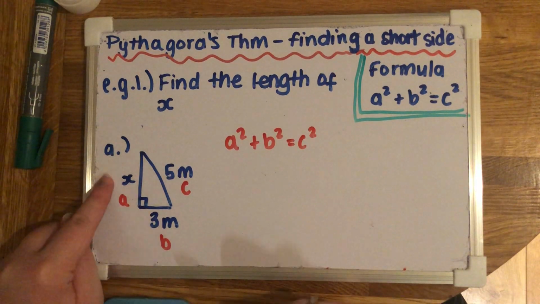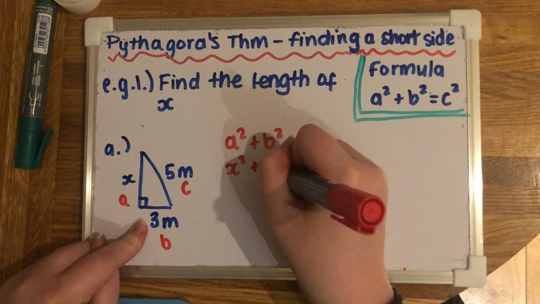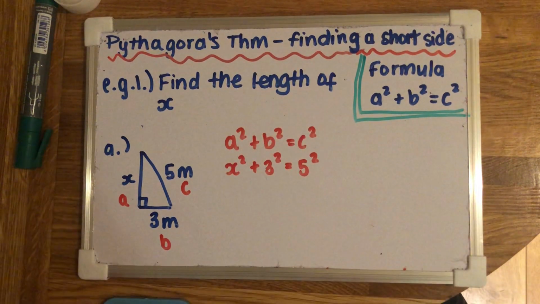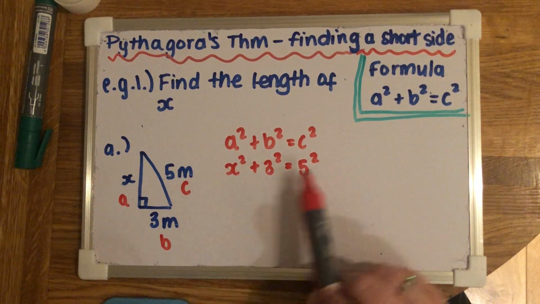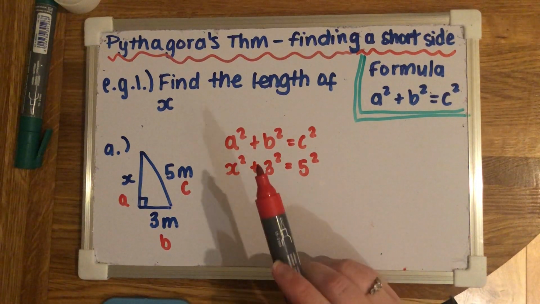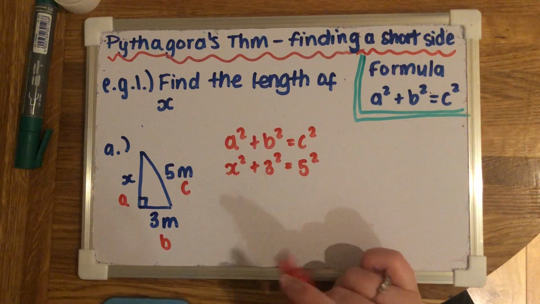So A is X, B is 3, and C is 5. Now as you notice, before when we were doing the other ones, the X was on its own on this side. Now it's not, now it's with a number. So you've got to think of it, I guess, similar to an equation. That's the best way to think of it.